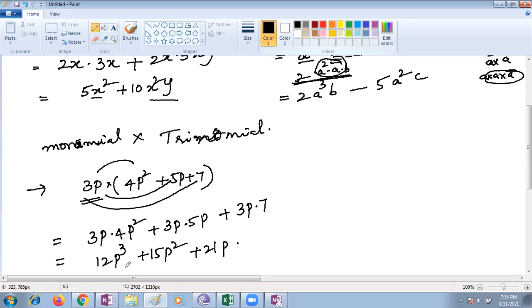There are no like terms. This is cube, this is square, this is 1. So we are unable to combine. You just drop it.